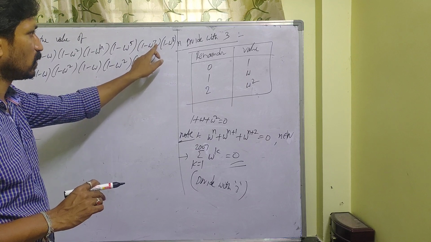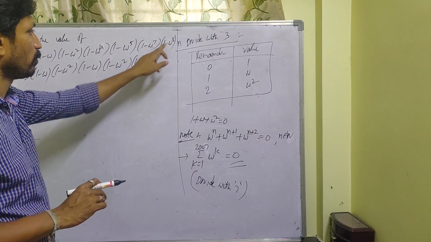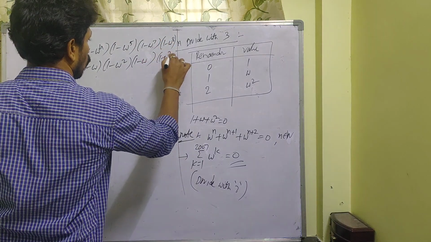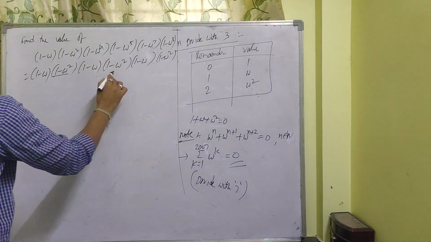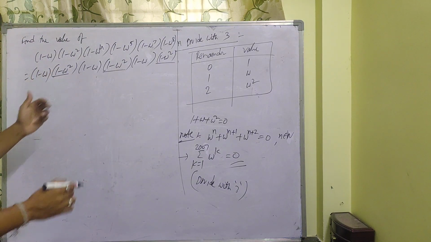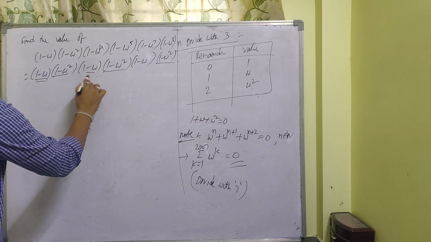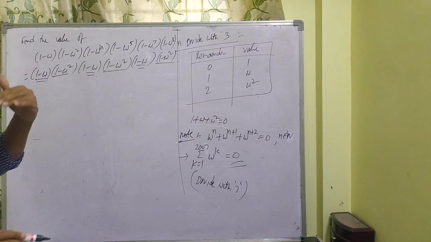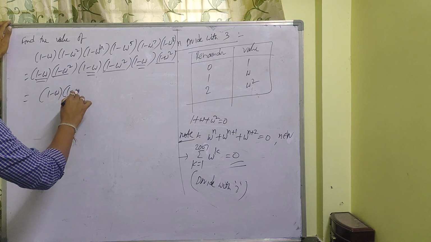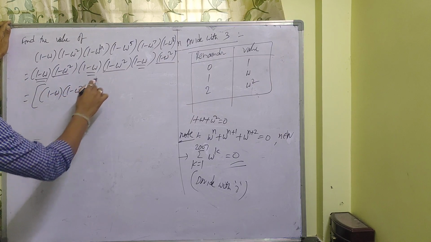When you divide by 3 and get remainder 1, that is 1 minus omega. If you get remainder 2, that is 1 minus omega square. So here 1 minus omega square, 1 minus omega square, 1 minus omega square, that is 1 minus omega square whole cube. Similarly 1 minus omega, 1 minus omega, 1 minus omega, that is 1 minus omega whole cube. Totally we can write 1 minus omega into 1 minus omega square, whole cube.